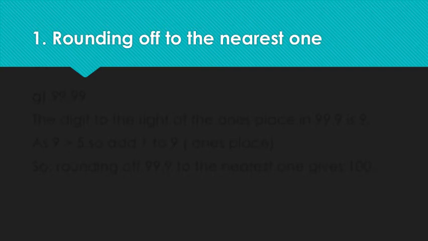Now, children, let's begin the rounding off of decimal fractions with rounding off to the nearest one. So, children, we have the number 99.99. In this, we have to round off this number to the nearest one. So, what is the digit at the ones place? The digit at the ones place is 9.